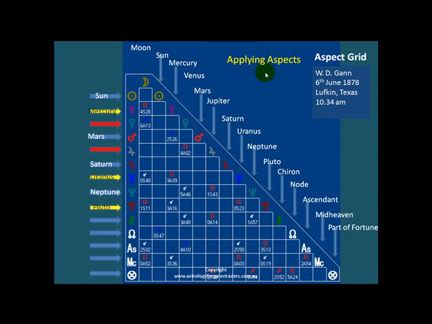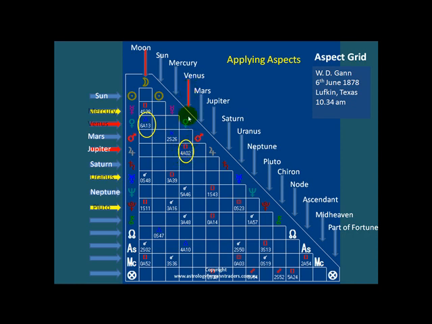These are applying aspects. We've got the moon and Venus, and see how it's got 6A 13. What it's telling you is it's got 6 degrees before it forms an exact trine. So the faster moving planet, the moon, has another 6 degrees before it forms, applying, a trine to Venus. So that is an applying aspect. Now we've got Venus to Jupiter, an applying square, with 4A02.